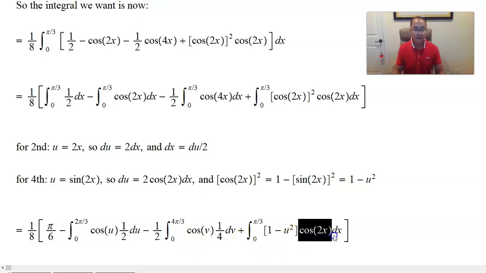So we take this out, 1/2 du. Okay, and shall we change the limit? Okay, when x is pi over 3, sine of 2 pi over 3. Okay, 2 pi over 3, we're in the second quadrant, and the sine is radical 3 over 2.